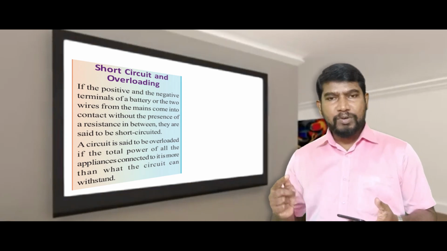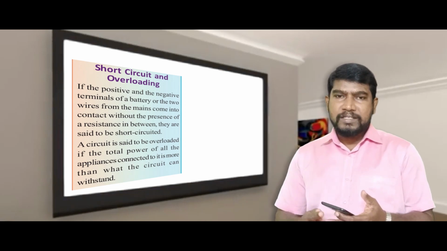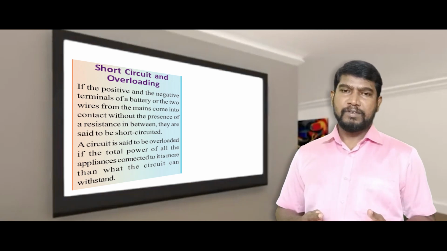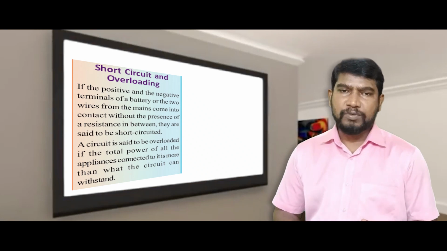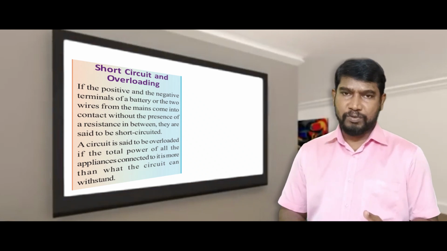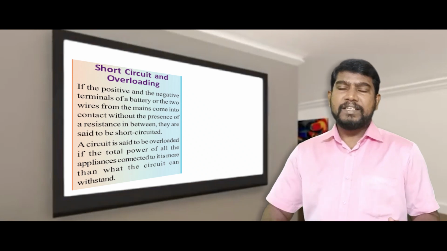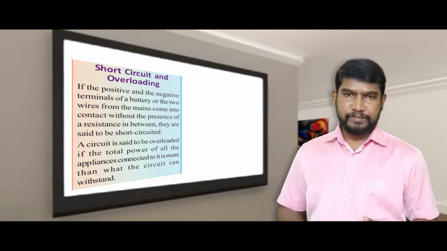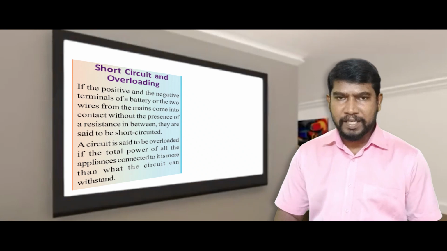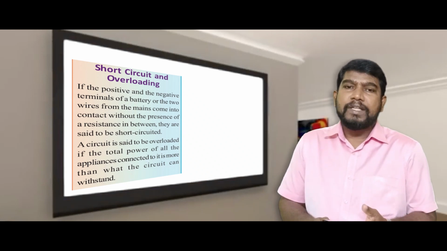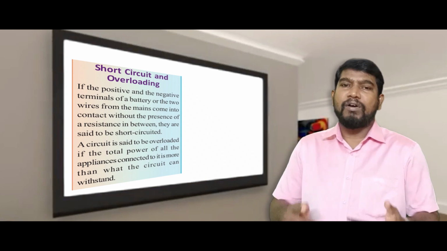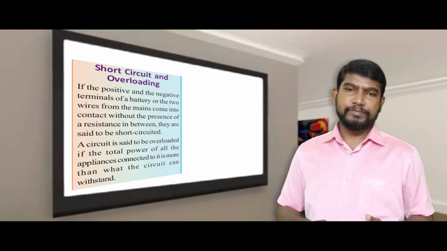Without a resistor, if the two lines touch each other, suddenly excess current goes through the circuit. That is called a short circuit. A short circuit is simply the touching of the phase line and neutral line together without having a resistor or an equipment in between them.